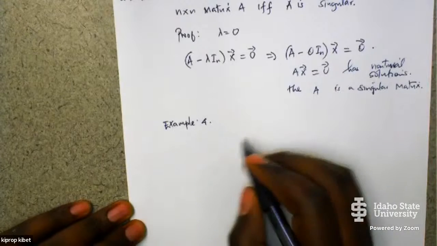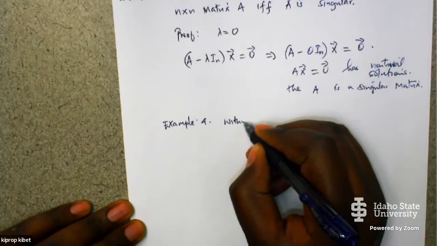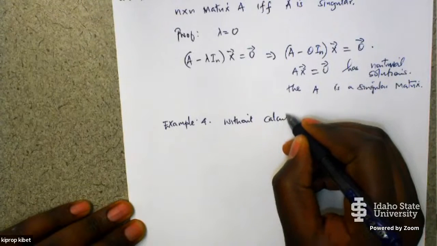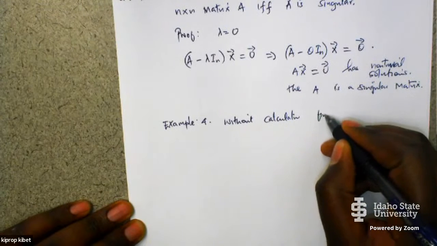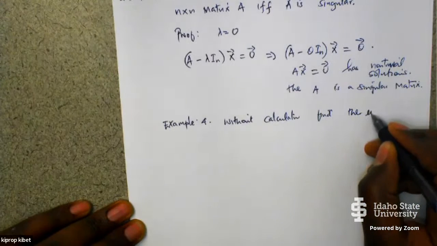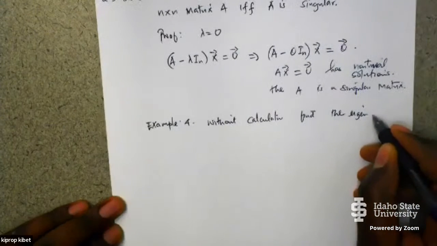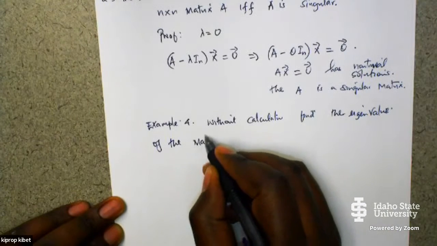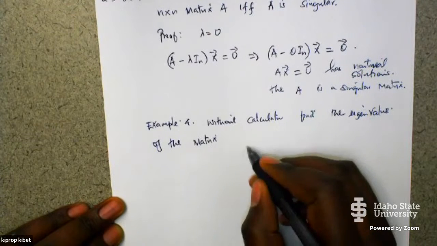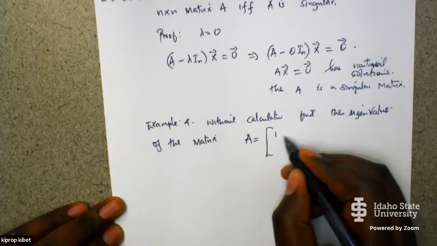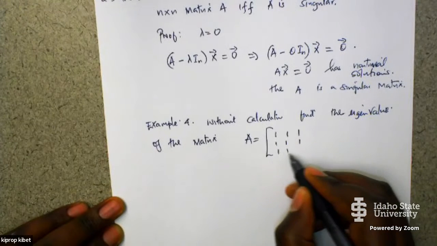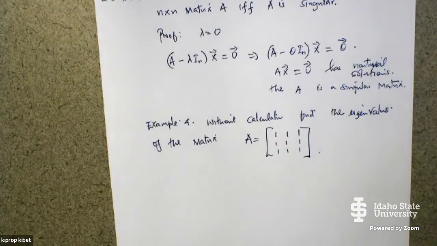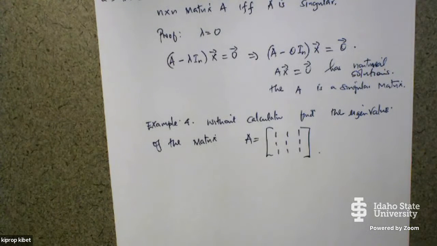For example, example number 4. Without calculation, find the eigenvalue of the matrix A equals 1, 1, 1, 1, 1, 1, 1, 1, 1. If you look at this matrix, you can easily get it done.